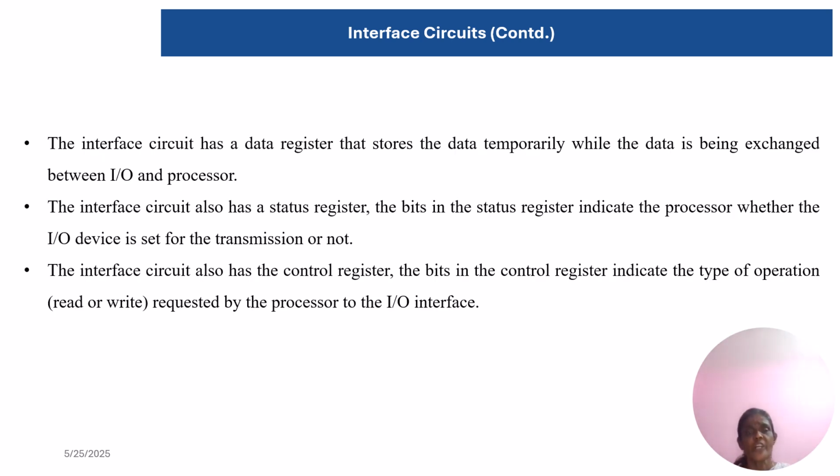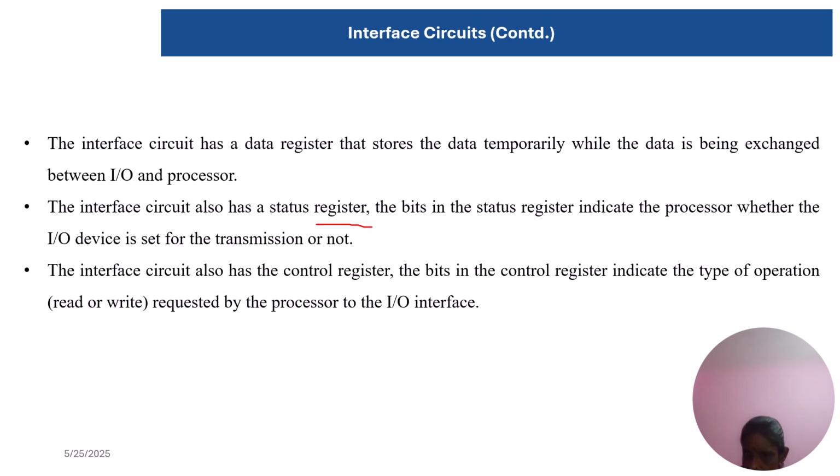The interface circuit has a data register that stores the data temporarily while the data is being exchanged between I/O and the processor. The data register is able to store the data temporarily because it is to be transferred later. That is why we use the word temporarily. The interface circuit also has a status register.